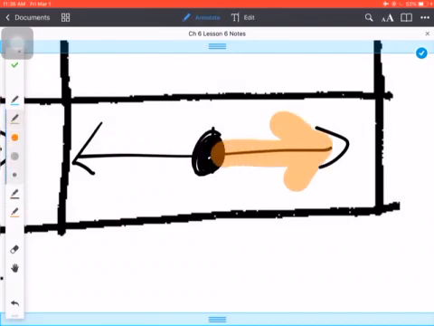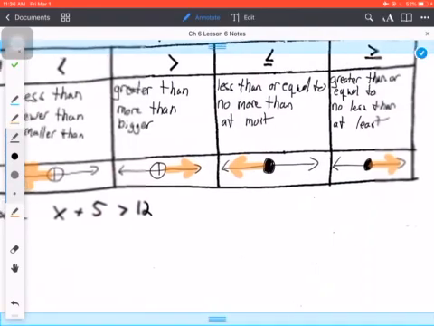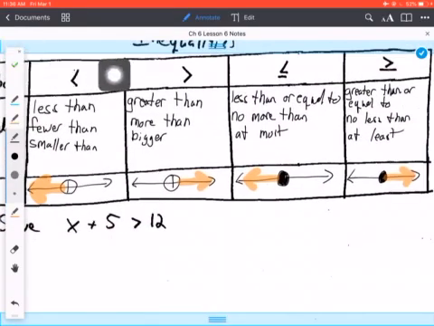It can be that number, so that means that number is going to be part of the solution, which means that we have a closed circle there. So when we have less than or greater than, the number that we're going to see is not part of the solution. When we have less than or equal to or greater than or equal to, that number can be part of the solution. And we'll see that coming up here.